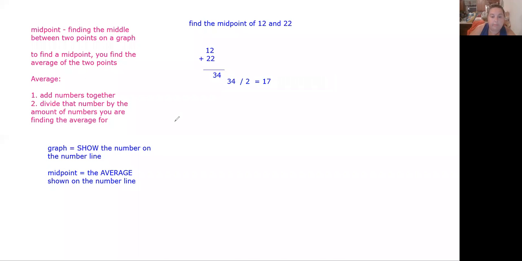So again, to graph, let's see the best way to do this.